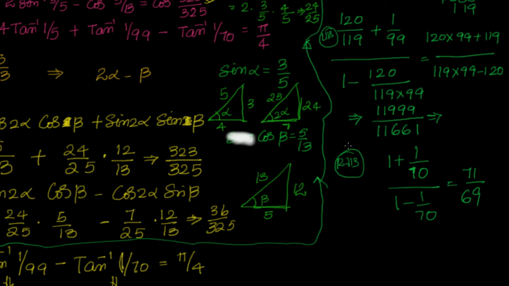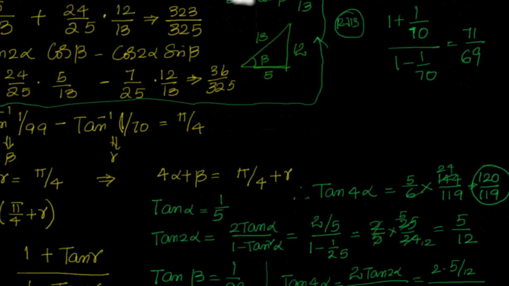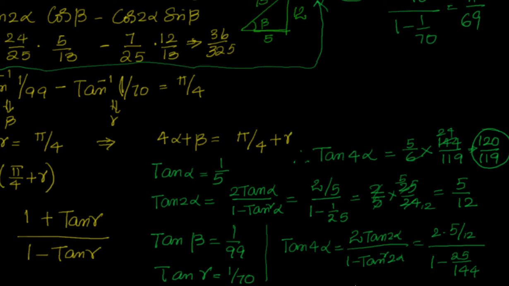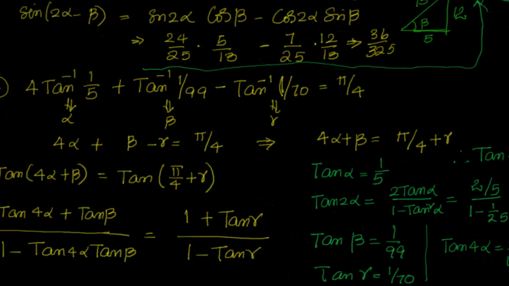If LHS is equal to RHS, there should be some number which divides this, and I will get it. I'll just write it as 169 into 71 by 169 into 69. You can cross check that. That's nothing but equal to 71 by 69. So that's how we can prove that LHS equals RHS.